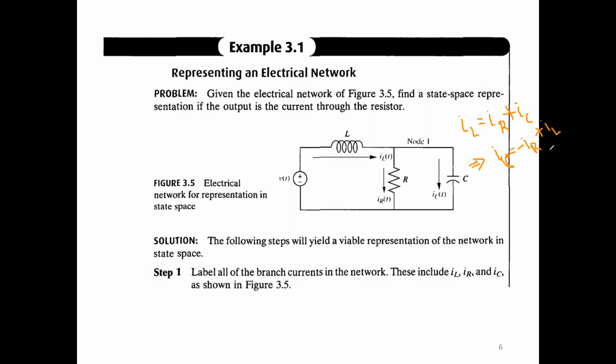That is the equation by applying Kirchhoff's current law, KCL. This one plus this one is equal to this one plus this one. Now, what would be the IC? IC is equal to the difference of these.